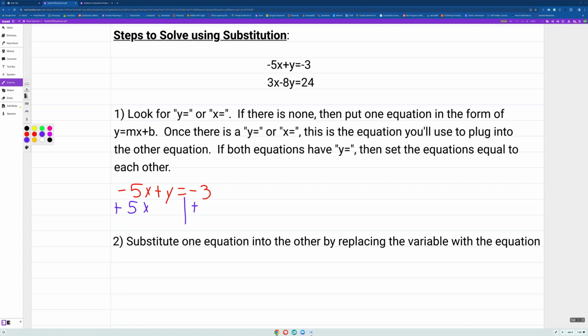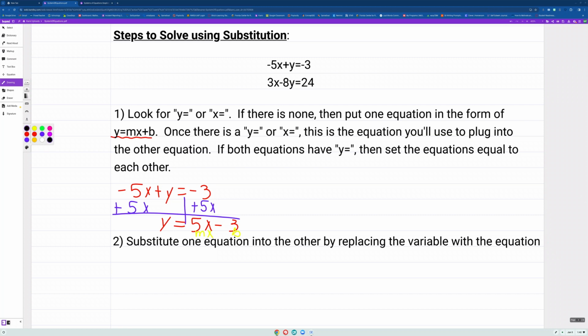And y is now equal to 5x minus 3. This is in my form of y equals mx plus b. It's like saying that this is my mx and this is my b. Okay, so now that I have one in that form, we're going to keep going.